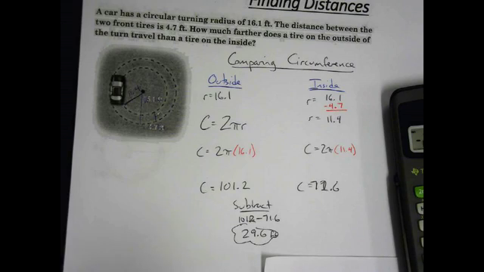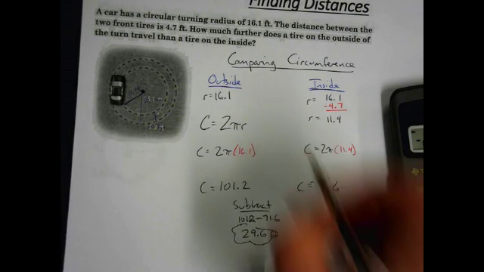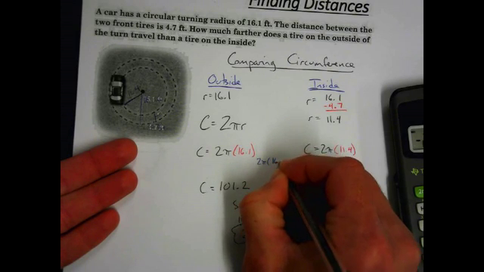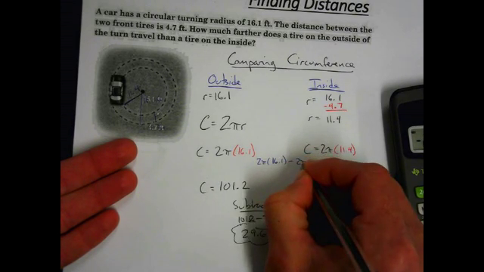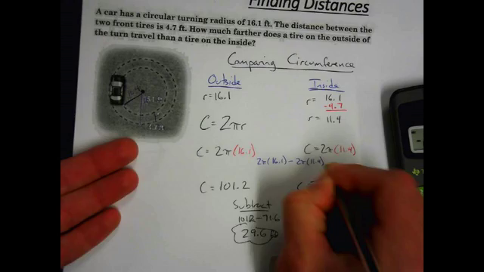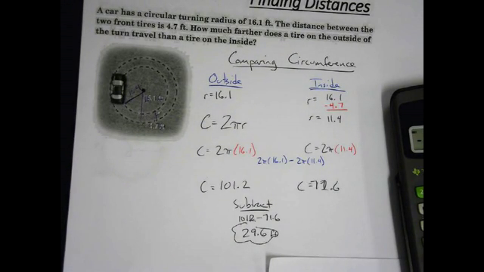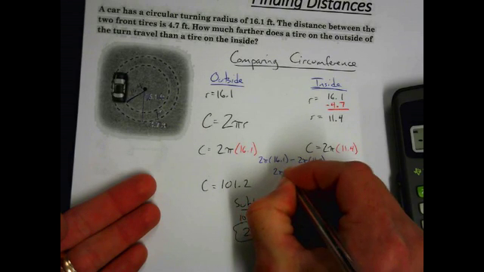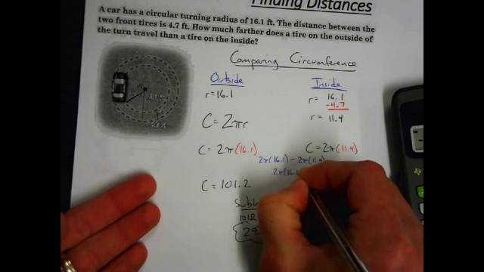But let me show you algebra. So notice what's happening. We're going to subtract these two values, and we know that. So 2 pi times 16.1 minus 2 pi times 11.4. Right? We can do that. Now, they both have a 2 pi in common, so we can factor out a 2 pi.